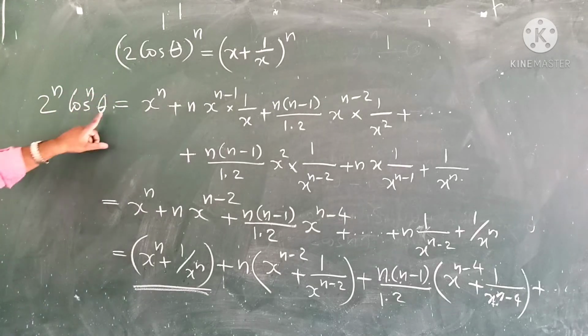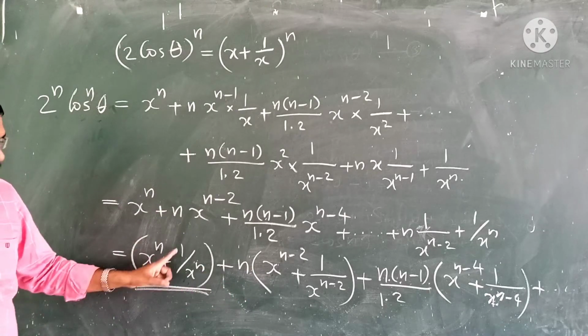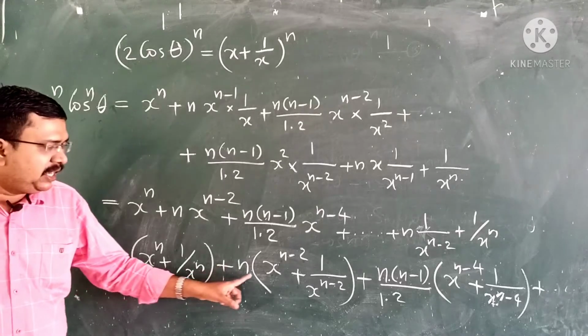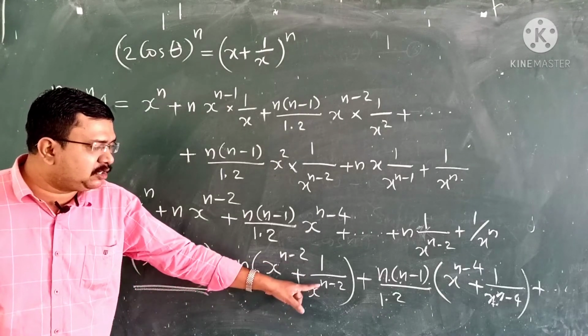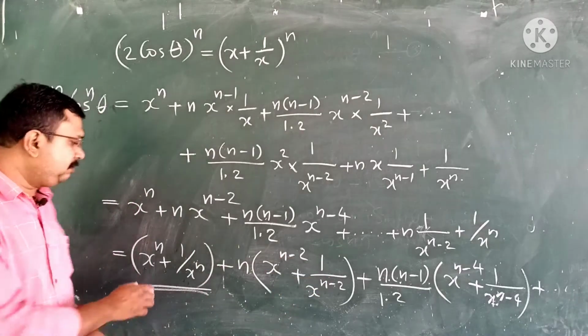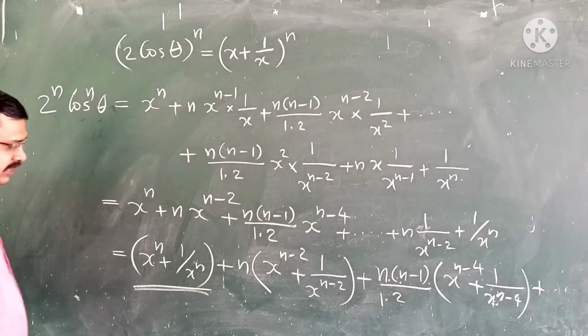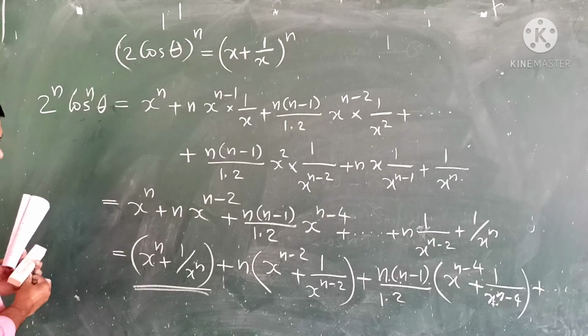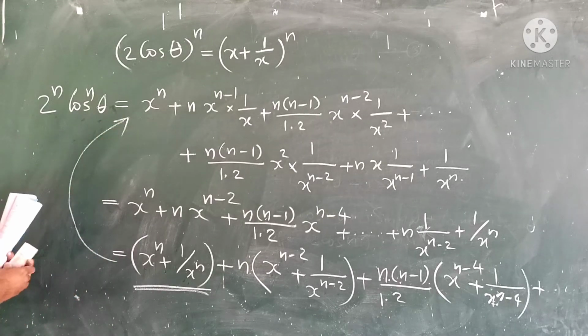Okay, 2^n cos^n theta is equal to this one, x^n plus 1 by x^n plus n into (x^(n-2) plus 1 by x^(n-2)) plus etc. Okay, this term can be written as, please write down. Then the next step is here, these terms are converting to here.